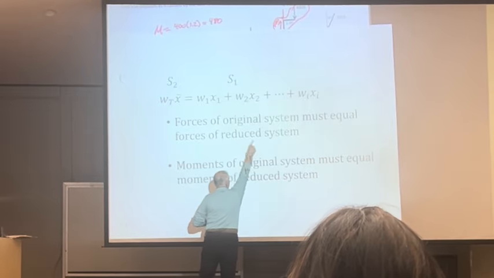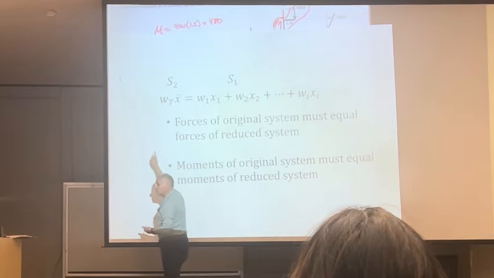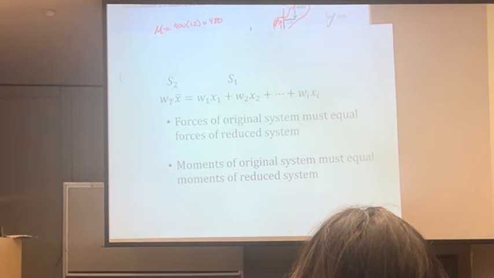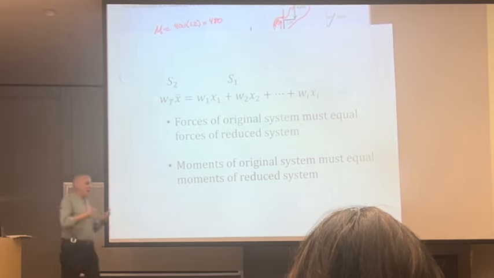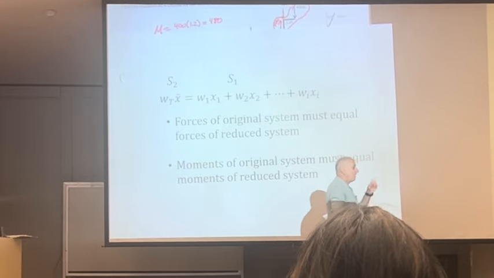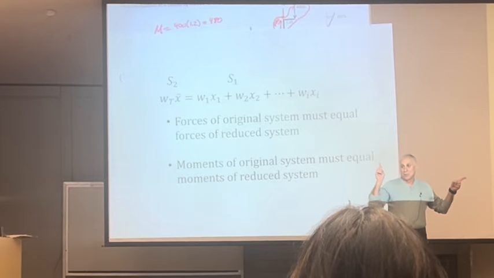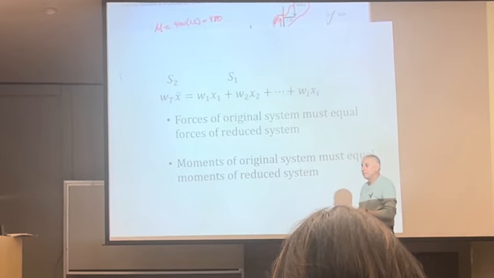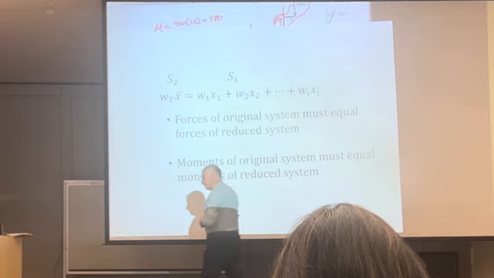This is moments of the original system must equal moments of the reduced system. So from this point on, do I really have to memorize what x bar is, what y bar is? No, I just got to remember moments of the original system must equal moments of the reduced. That's it. That's the equation for center of gravity. Okay?